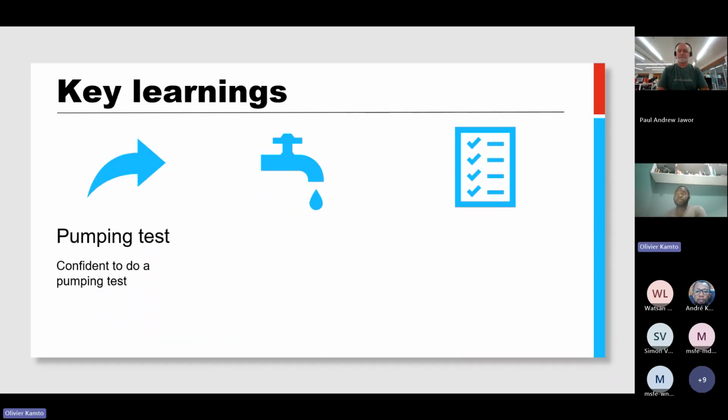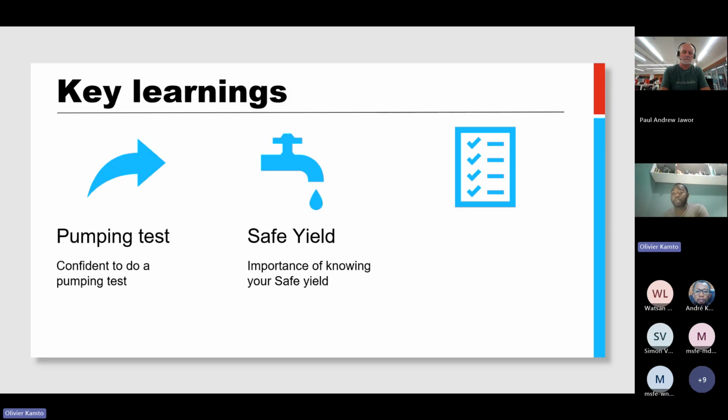What we are expecting to dish out as information today will be to ensure that our teams in MSF are confident if we have to run a pumping test, or if we have to supervise the running of a pumping test by a contractor to whom we may have subcontracted this activity.